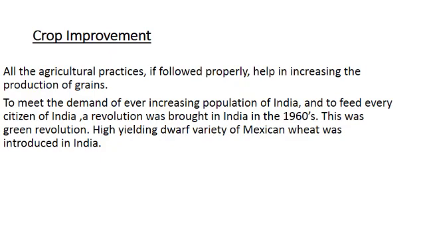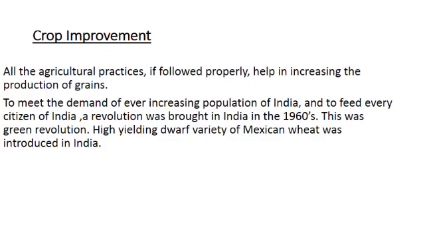For Green Revolution, a high yielding dwarf variety of Mexican wheat was introduced in India, and this variety has some characteristics which are suitable to grow because they are resistant to pests, means they are not attacked by pests, and they are also not infected by diseases, and there is no effect of lodging on them.